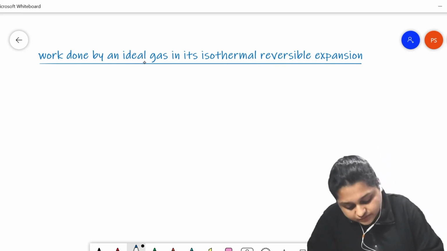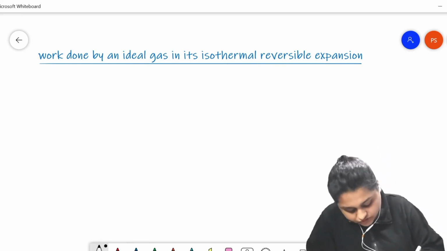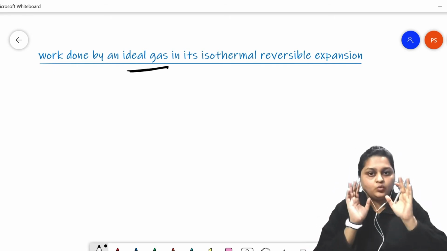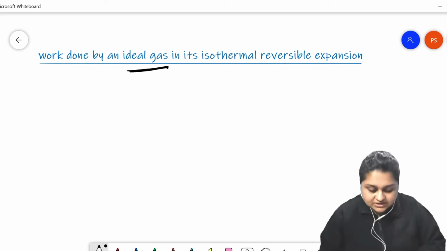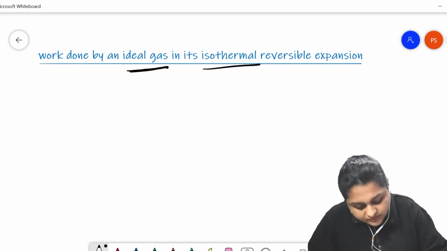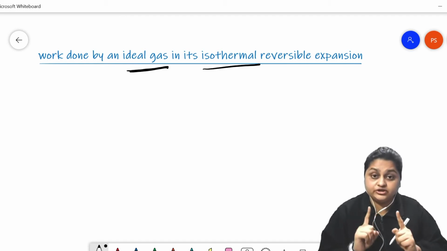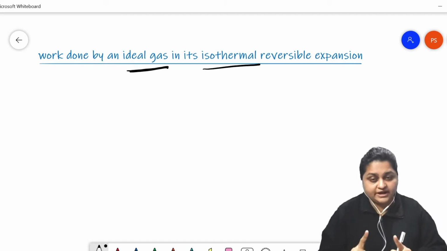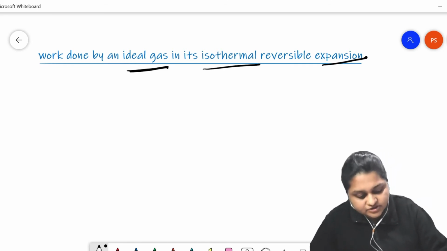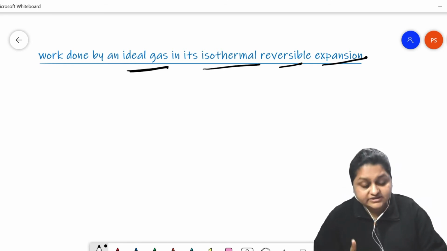The first thing that you need to remember is that we are not talking about any kind of gas. We are only going to concern our study right now with ideal gas, and the conditions that we are applying are that we are doing an isothermal experiment, that is, the temperature we are going to take constant, and the expansion work we are doing is a reversible work.